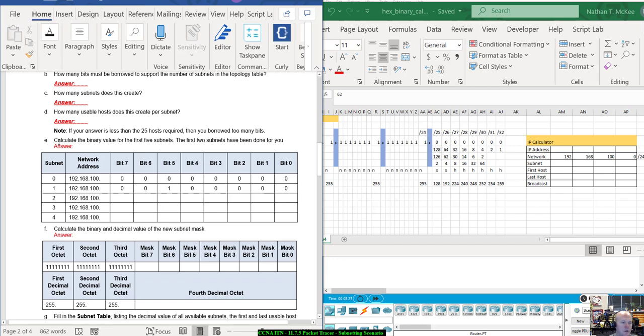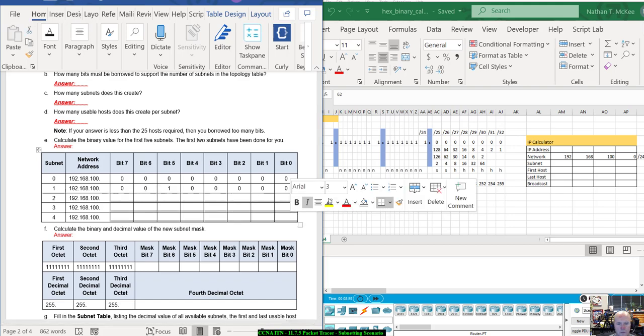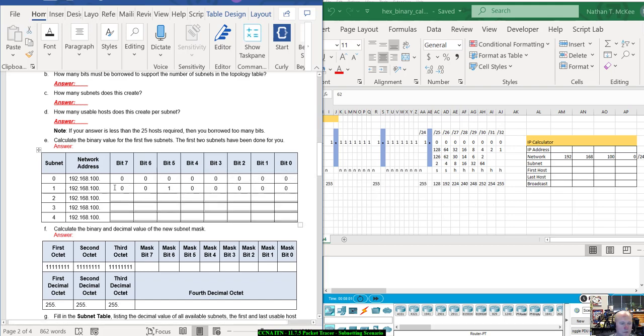Calculate the binary value for the first 5 subnets. The first 2 subnets have been done for you. Then I need to do a format painter on that.